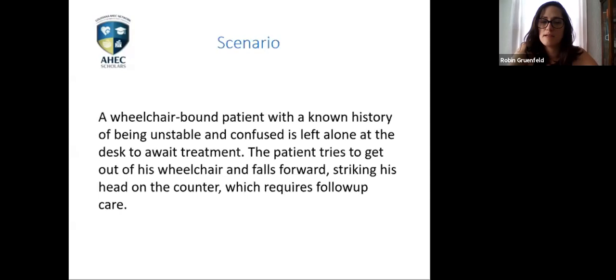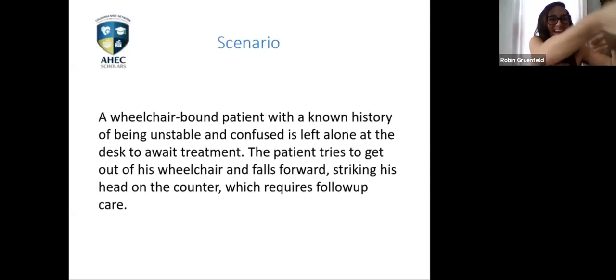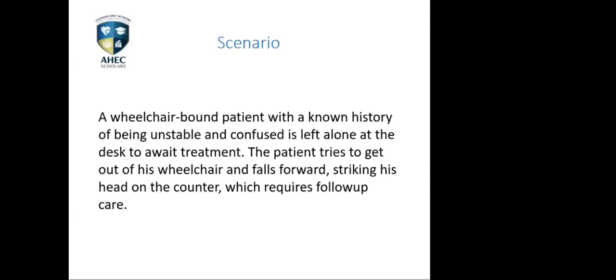And whoever is caring may or may not, it's unclear if that carer had the information to know if we can really track this back. So, is the implication that we know that he gets confused and he's unstable, or are we just saying you would never leave a patient alone?